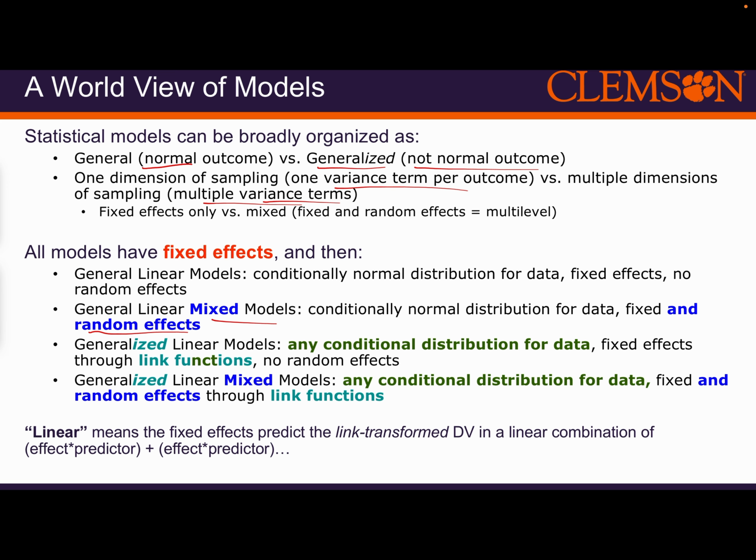Then, going a step further, if we can't claim our data are conditionally normal, so for instance, maybe they're discrete outcomes, right? There's no way a discrete outcome could really be normal. We use something called a generalized linear model, right? Where we have a conditional distribution for data, but it's any distribution. So we could pick a distribution, even ones we've never heard of before. And believe me, there are a lot that we've never heard of, and build a model into it for that data.